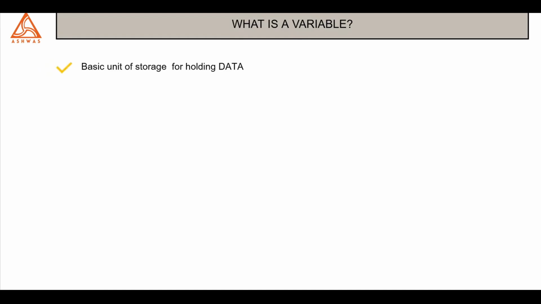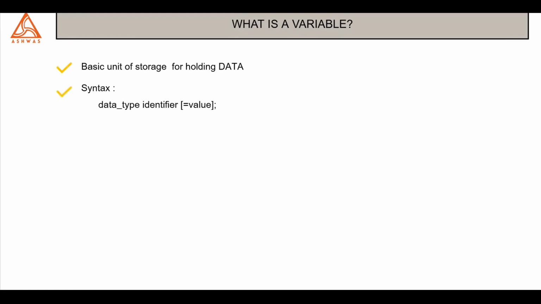We label the variable with an identifier and give it a value from the literal part. Variables in our program do the most important task of holding the data. This data is almost always read or referred to or used to perform some business related functions, or it is modified as a result of some business operation.